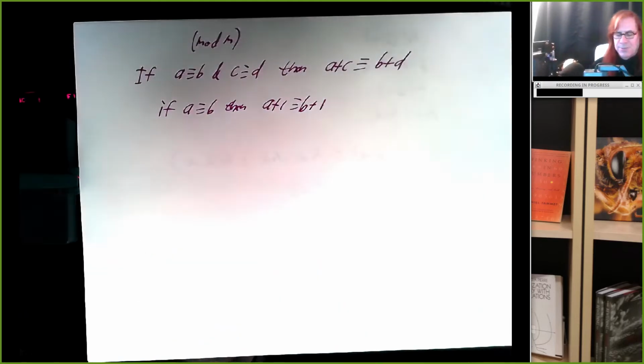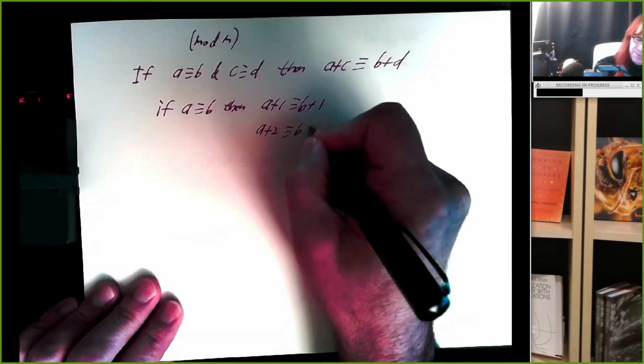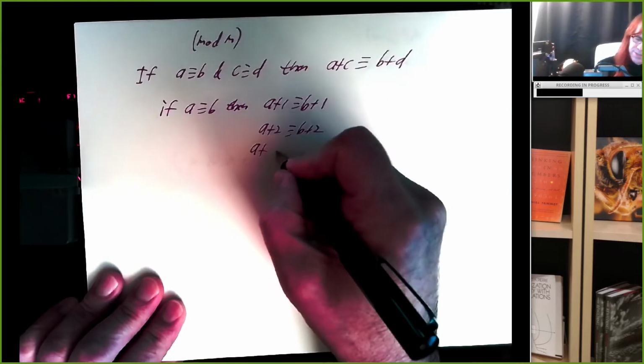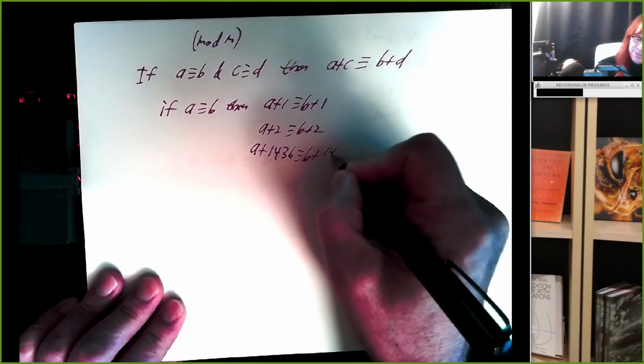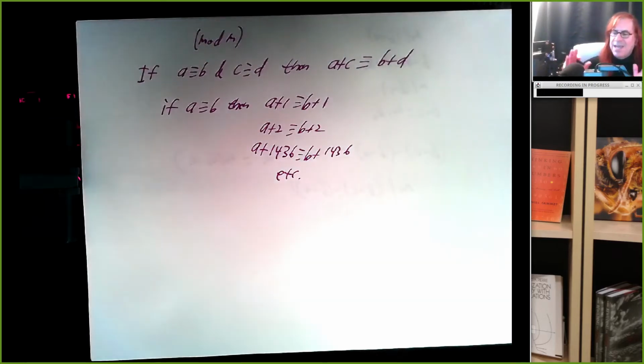If a is congruent to b, a plus 1 is congruent to b plus 1. A plus 2 is congruent to b plus 2. A plus 1,436 is congruent to b plus 1,436, and so on. I can add a fixed number to both sides, and I preserve the congruence.